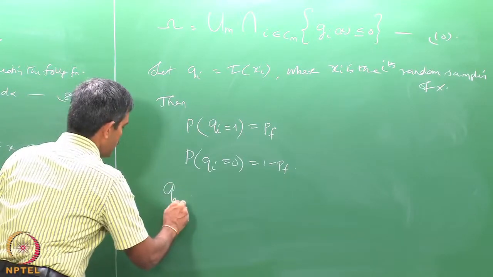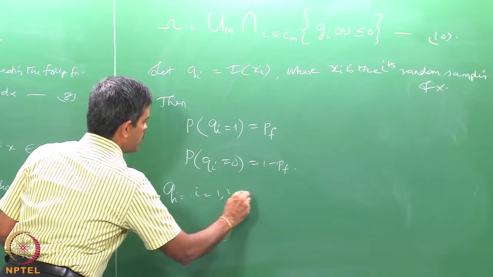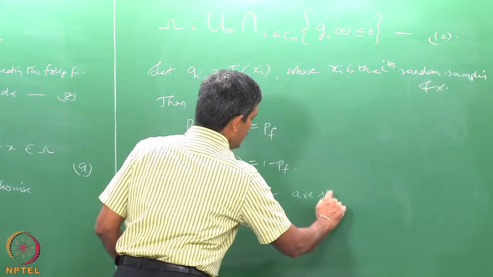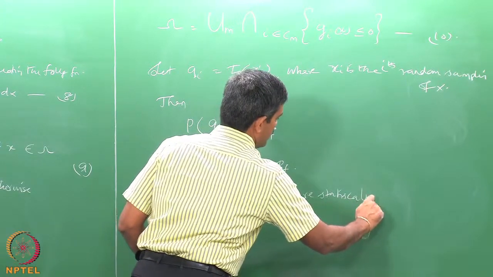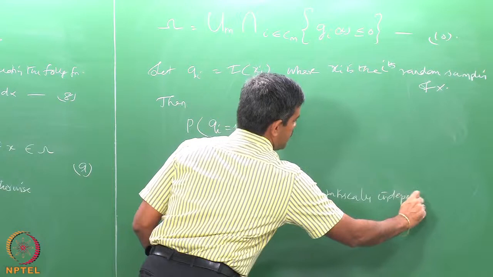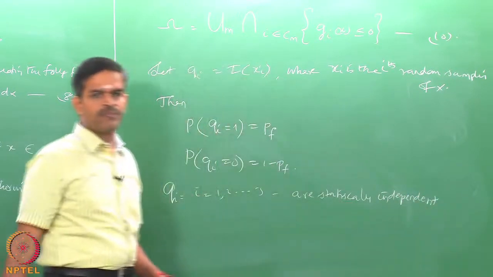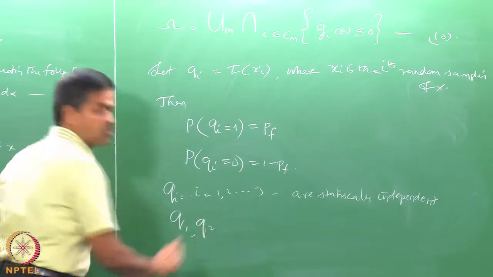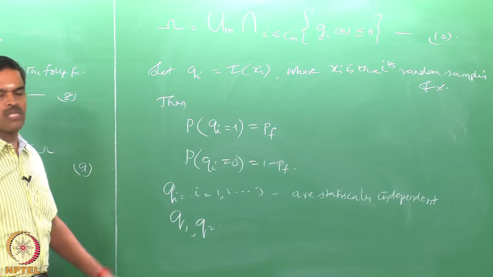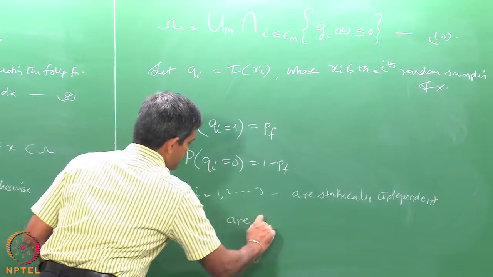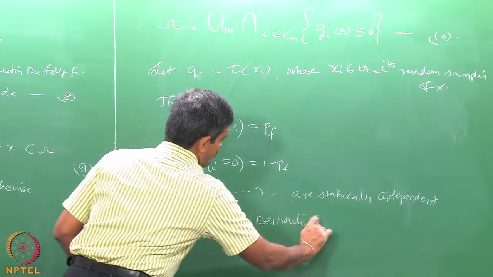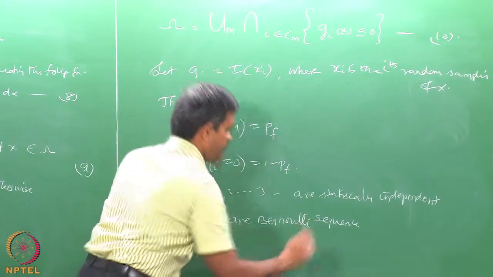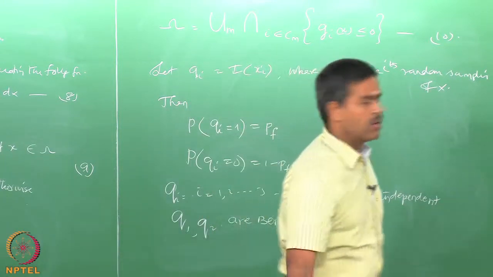So, Qi, where i can be 1, 2, 3 etc., are statistically independent. Of course, Q1, Q2 are a Bernoulli sequence, which can be given by the following equation.